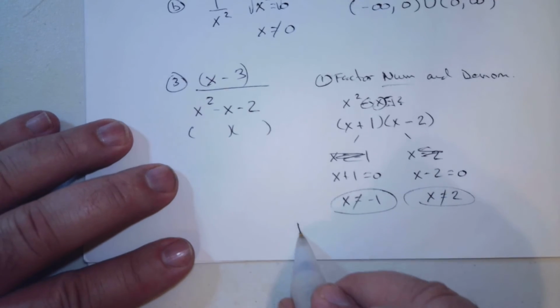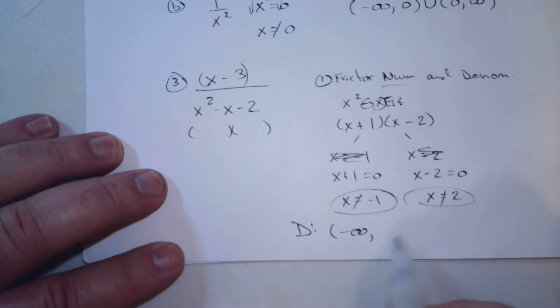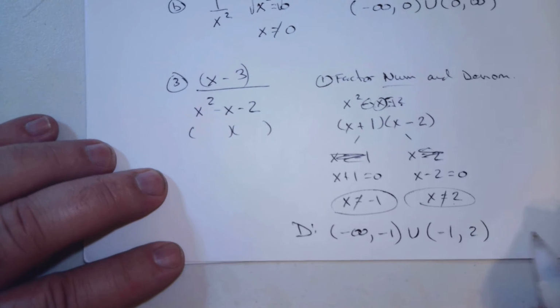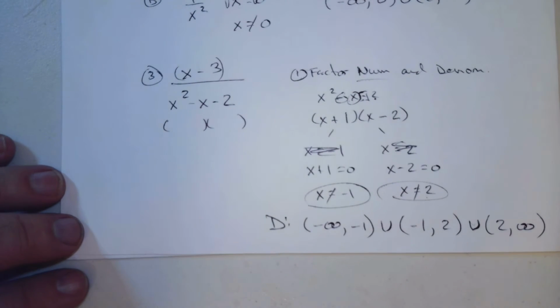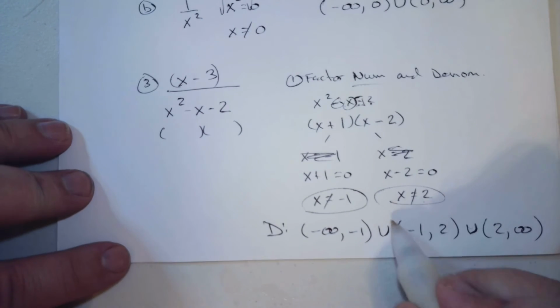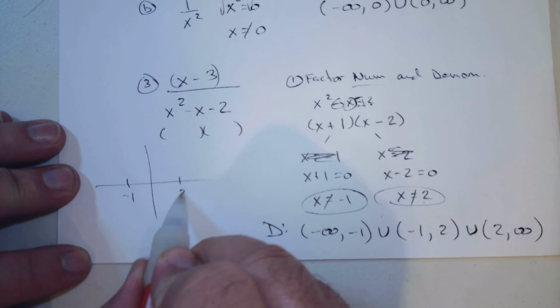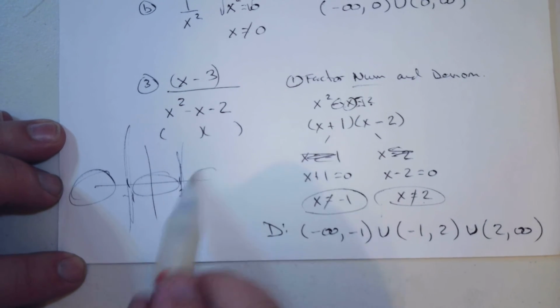So my domain is from negative infinity to negative 1, from negative 1 to 2, and then from 2 to positive infinity. Because if you look at it, we have it at negative 1 and at 2. So we can't use that value, we can't use that value. So here's 3 segments.